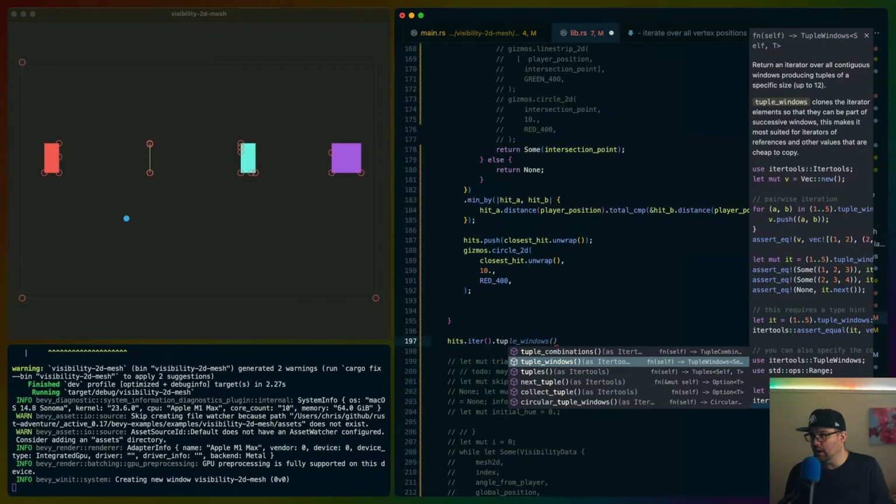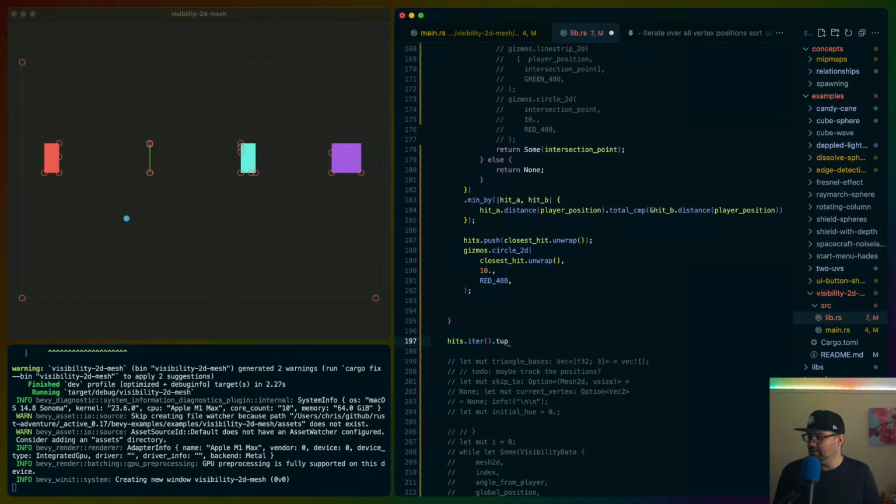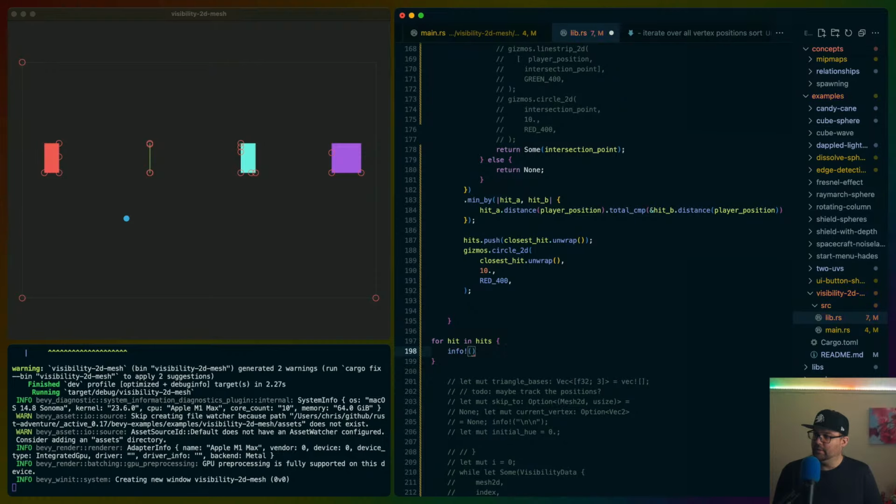Hits are, I think, going to already be sorted because of the way that we went around this, but I don't know that for sure, actually, at the moment. So for hit in hits, let's just check this.